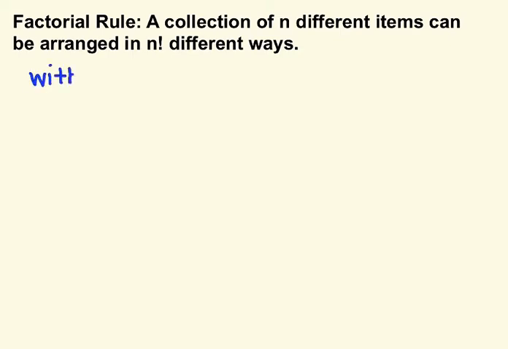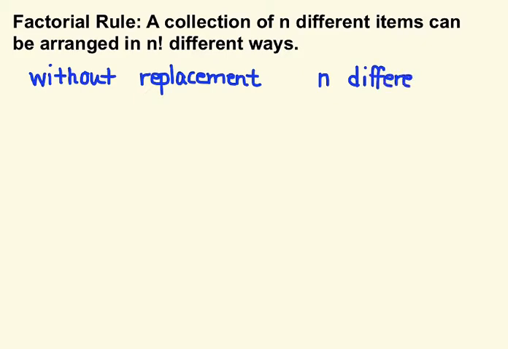So without replacement, if we have n different items, and we want to know how many different ways we can select those n different items, it's equal to n factorial.